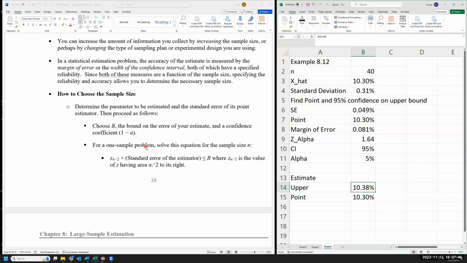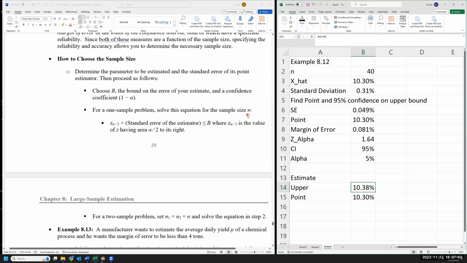For one sample problem, solve this equation for the sample size n. Okay. So what you want is z of alpha divided by 2, or half an alpha, times the standard error to be less than or equal to B, the bound.